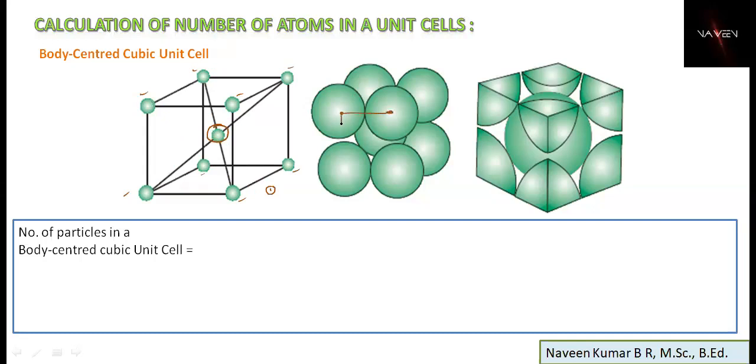The corner particles are like this, and the center particle is invisible actually. Along with that, there is a particle at the center of the unit cell. So this is how the 8 corners and one particle at the center look. Now, if you observe this, this is the particle at the body center. The remaining are the corner particles.